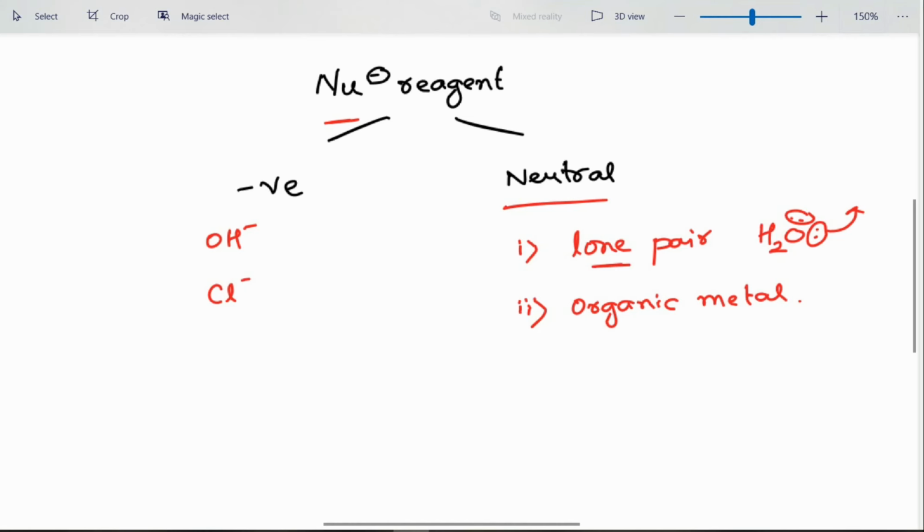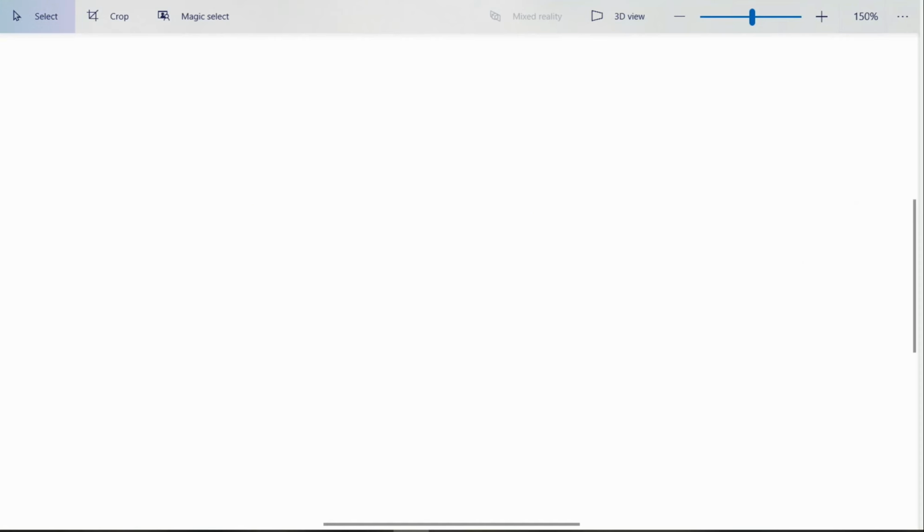Now, how does a reagent act or attack a given substrate? Whenever you consider a reaction, the attack of a nucleophile or electrophile on a substrate, in common a reagent attacks a substrate in such a way that the reaction has to be fruitful. We all know the collision theory, right?